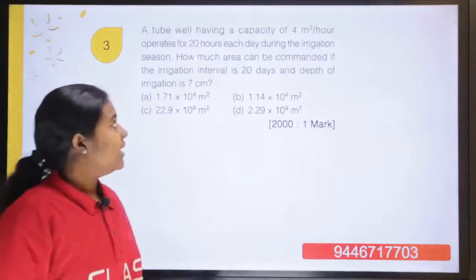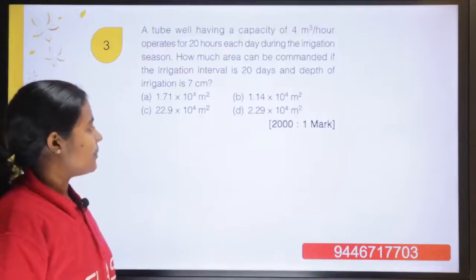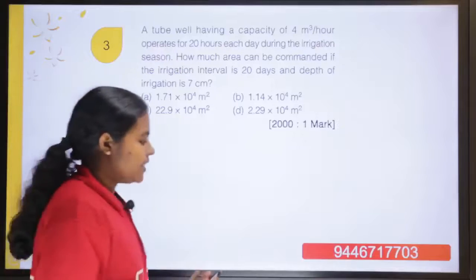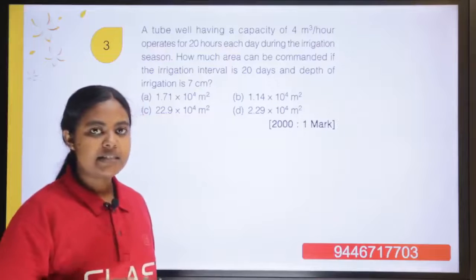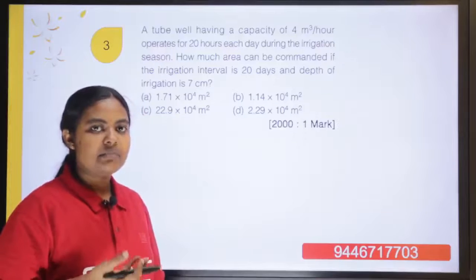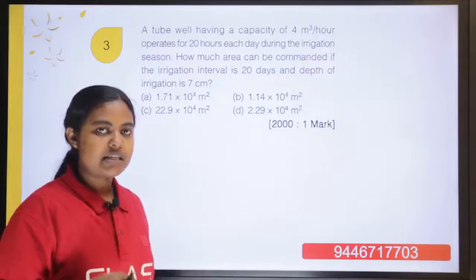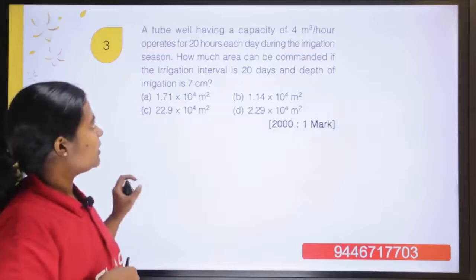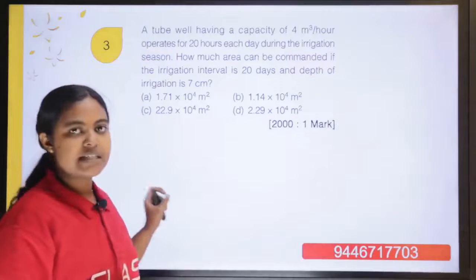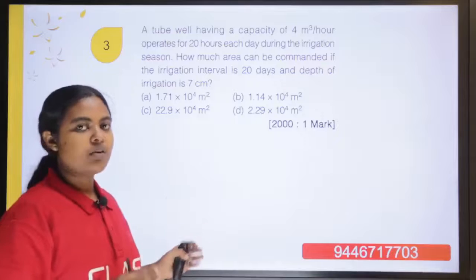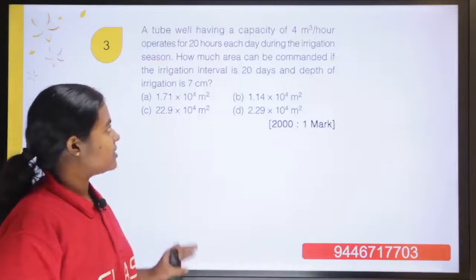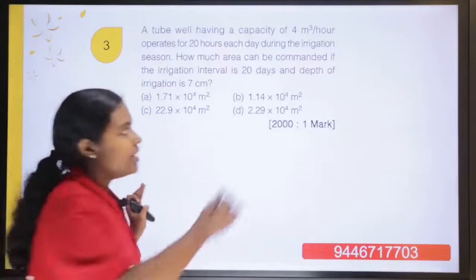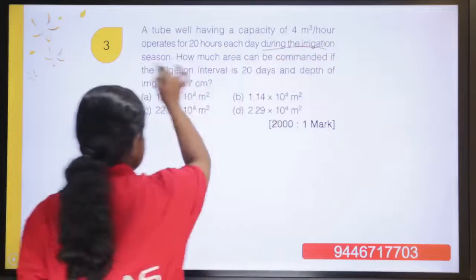Next question. A tube well having a capacity of 4 meter cube per hour. There is a tube well whose output discharge is 4 meter cube per hour, and it operates for 20 hours each day during the irrigation season, that is, during the base period.